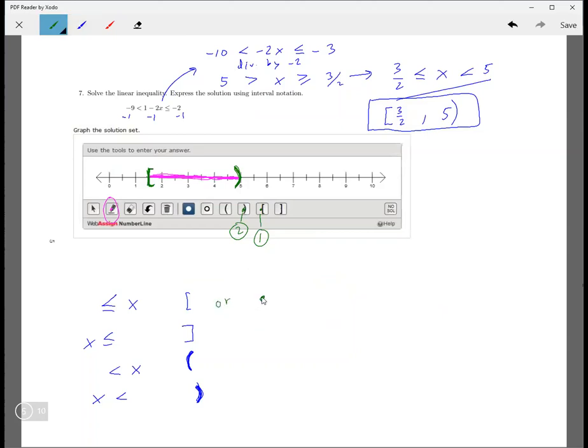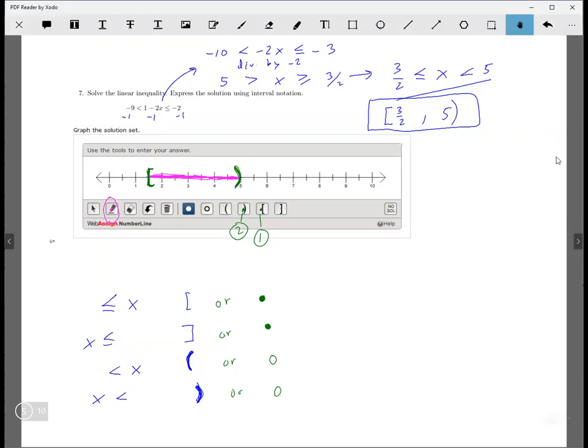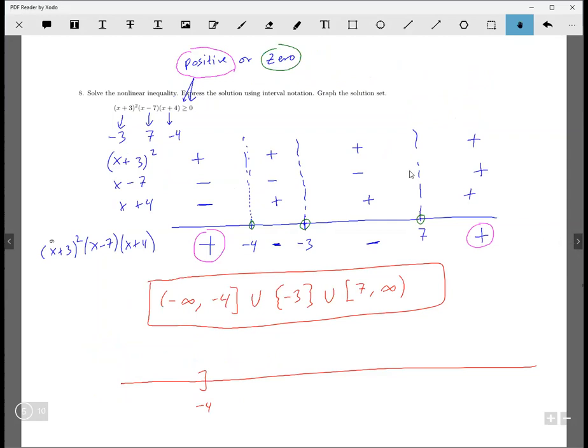Here, another way of doing it is just doing the solid circle, and then open circles for these ones. That's another way that people denote whether you're including that point or not. Solid circles include the point, and an open circle means you don't include the point.